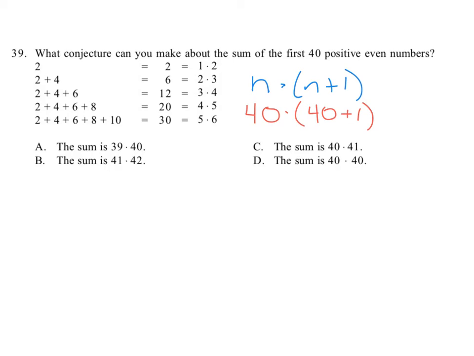So the sum is going to be equal to 40 times 1 more than 40, 41. 40 times 41. Yep. And hopefully you can see that's why they're giving you as choices 39 times 40, 40 times 41, and 41 times 42, because what you're always seeing here is the number of terms times the number 1 more than that.